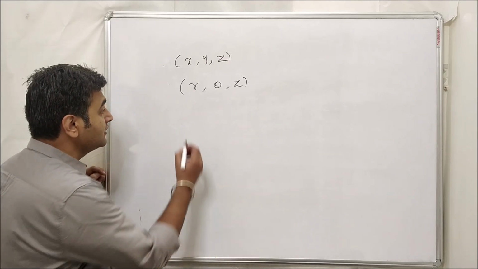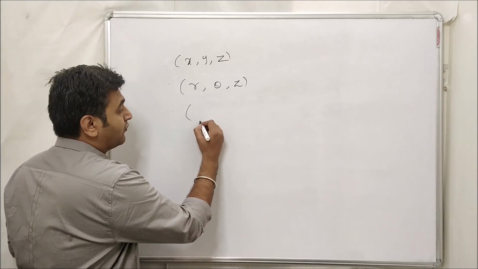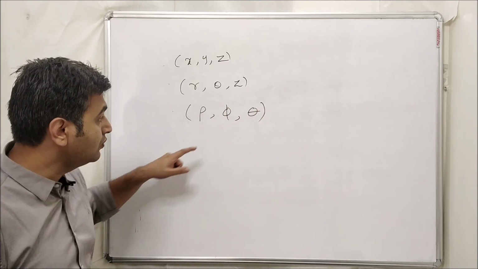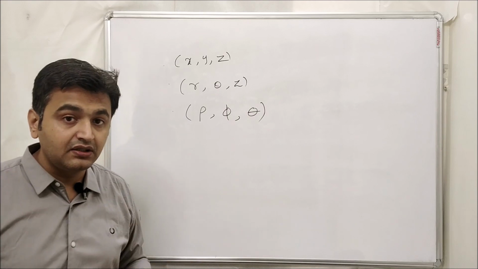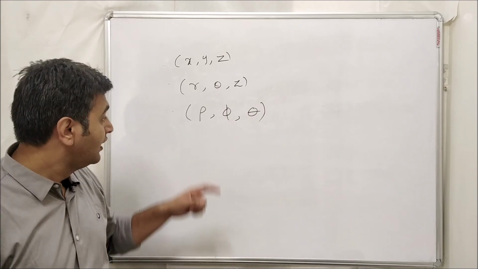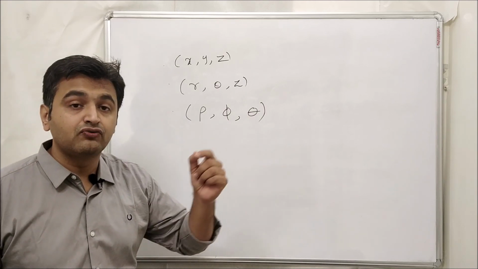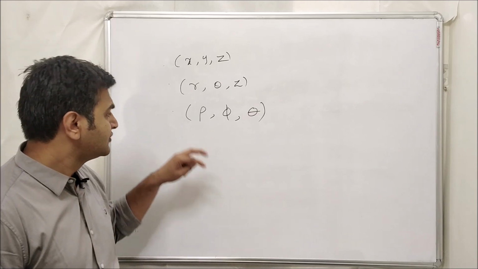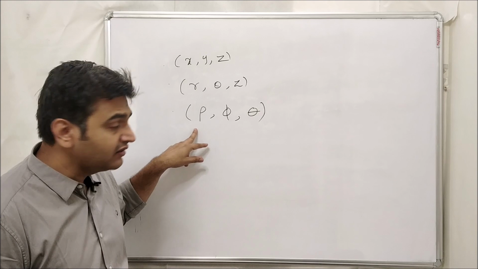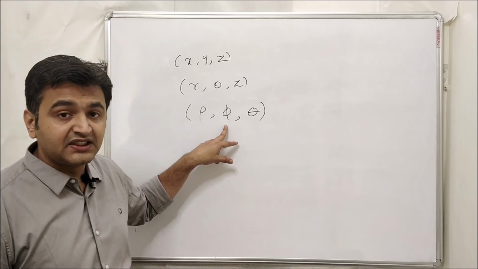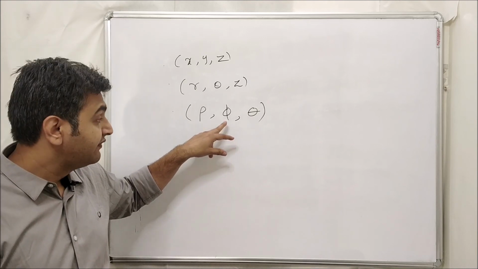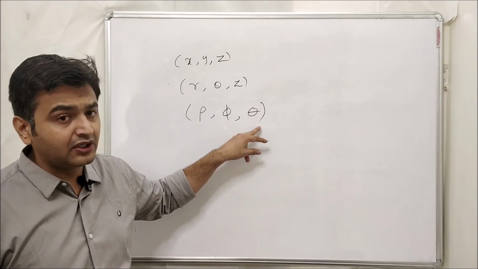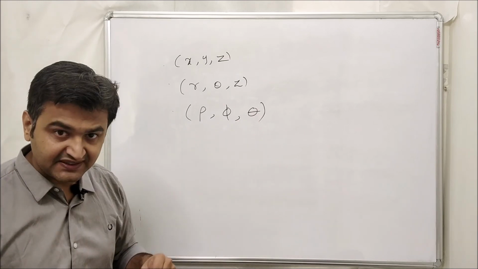Now in spherical, any triplet is of the form rho, phi and theta. This is how coordinates in the spherical coordinate system look, where rho is the distance of a point from the origin in three-dimensional space. We will see that this gives us the sphere. Phi is the angle made with respect to the z-axis. We will see that this gives us a cone, and theta is our normal angular plane, the theta in two-dimensional space.